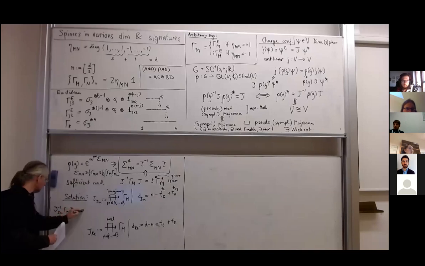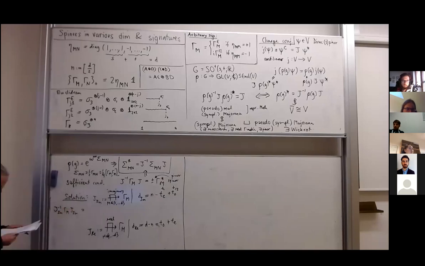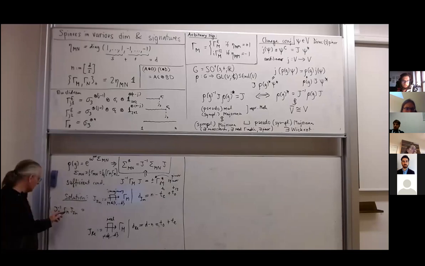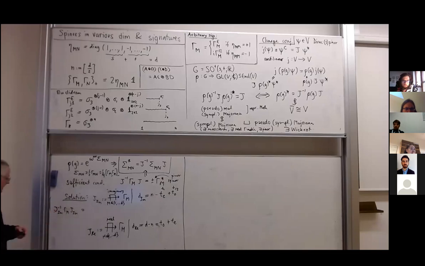So here comes a standard argument. The point is that all of the gamma matrices anti-commute, except with themselves, where of course they square to 1 or minus 1.